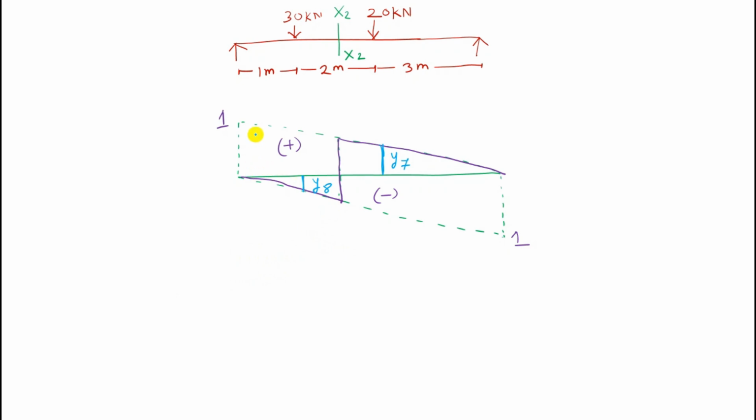Now from this triangle we have to calculate the y7. So this distance is 3 meter and total distance is 6 meters. So we can write 1 by 6 equals y7 by 3.